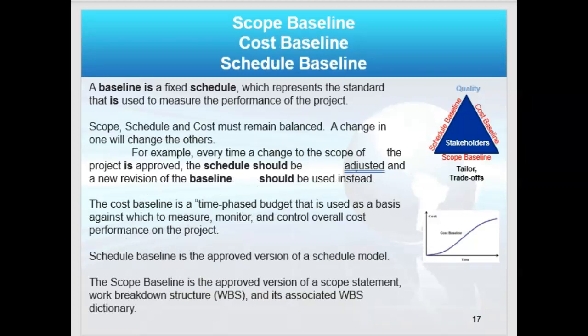The schedule baseline is this fixed schedule, and that's the standard of performance. So again, we have these three baselines that if we have to adjust, we are going to go through integrated change control. Because notice on the black right here, we are always tailoring and making trade-offs, right?